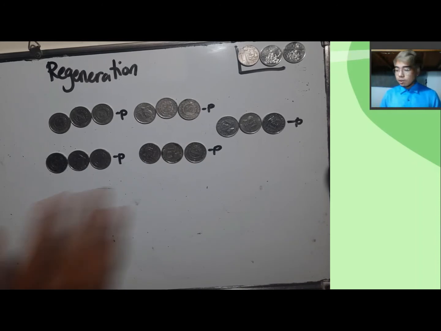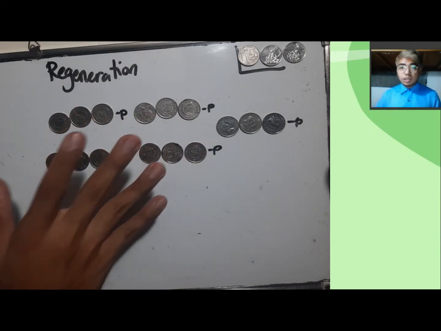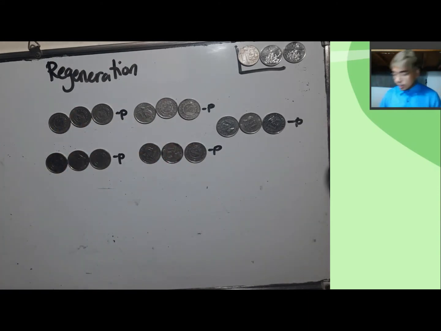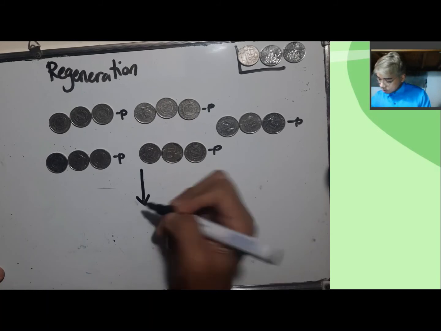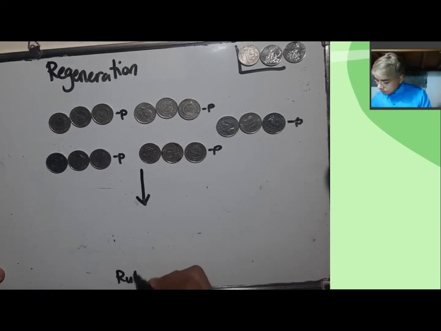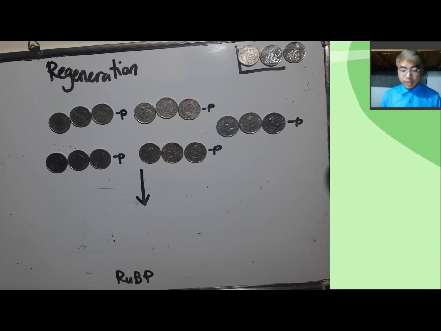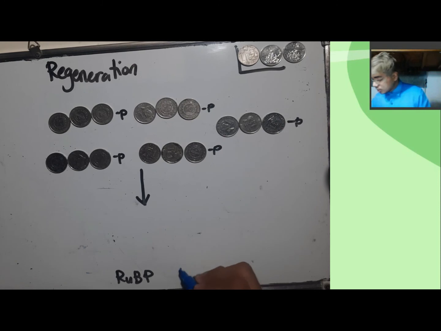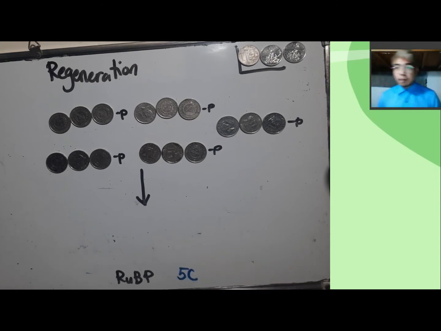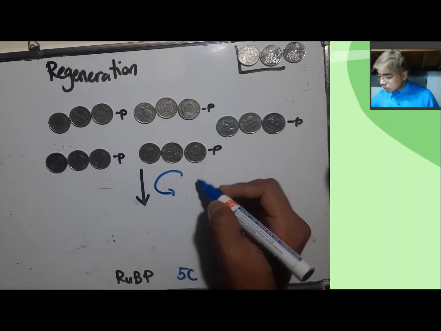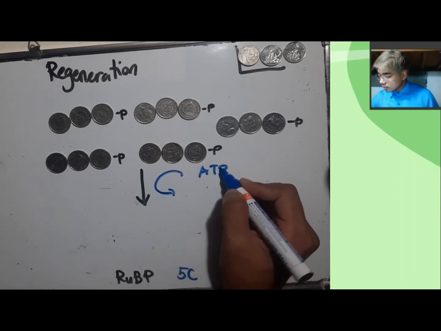Now all of these G3Ps will actually create the RuBP. Now the question is, how many RuBPs will be created? Now remember, G3Ps possess 3 carbon backbones, while RuBP possesses 5 carbon backbones. For this to happen, adenosine triphosphate will be utilized once again.